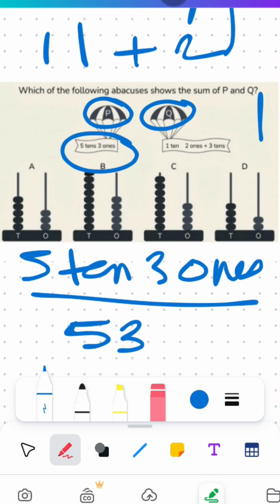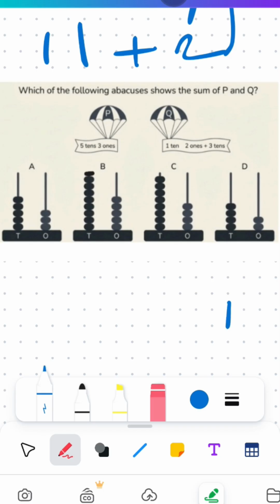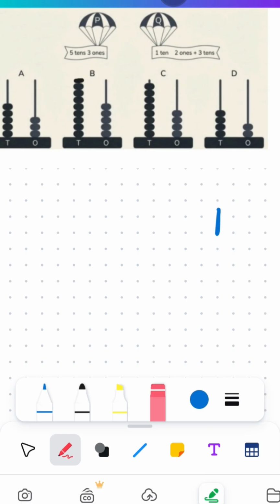And next, 1 ten, 2 ones plus 3 tens. So here, this value is 53.